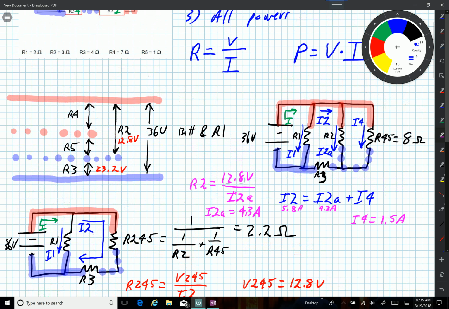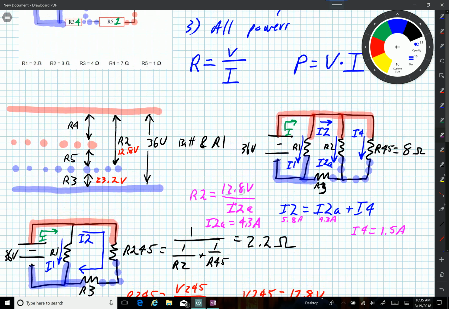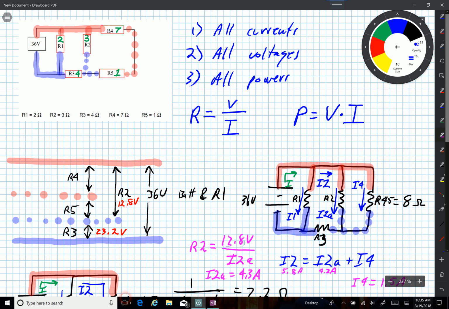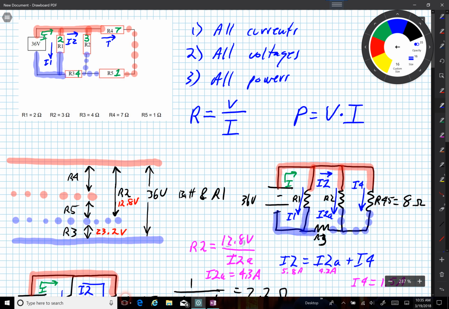All right, so I now take this information back to my original diagram. I'm going to come back through all my diagrams. So here is I. Here is I1. Here is I2. Here is I4.